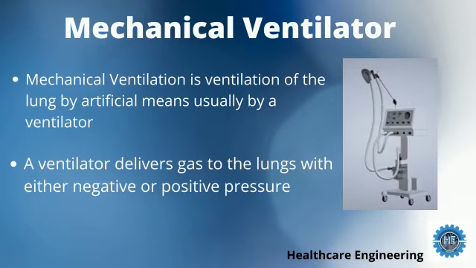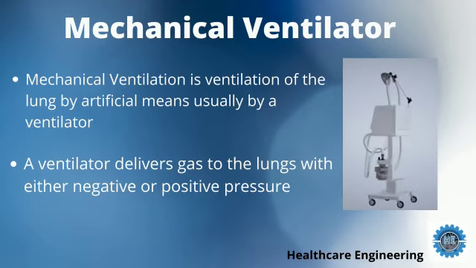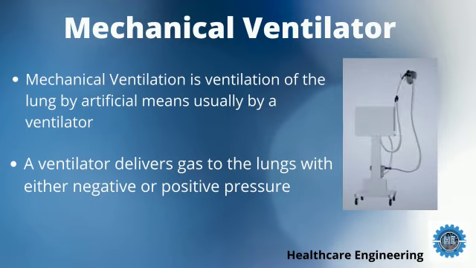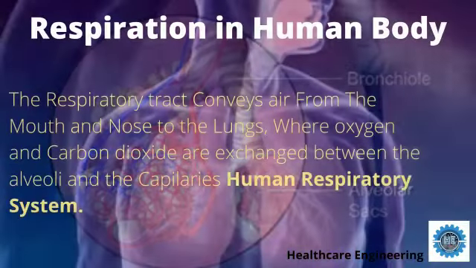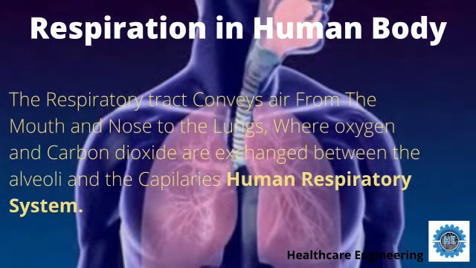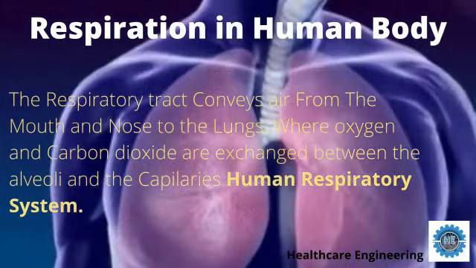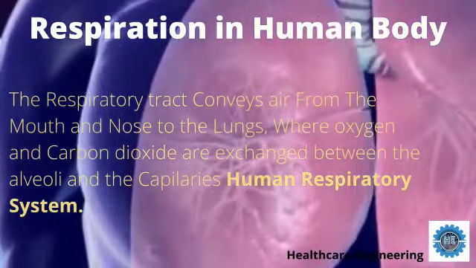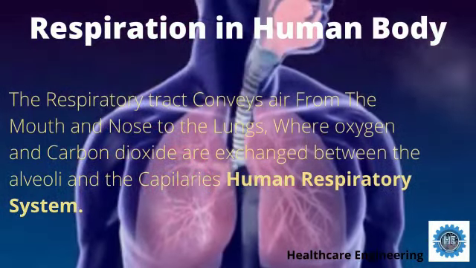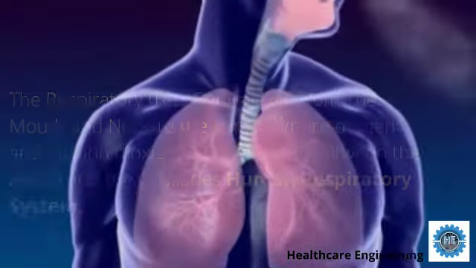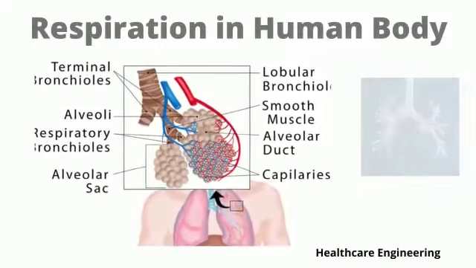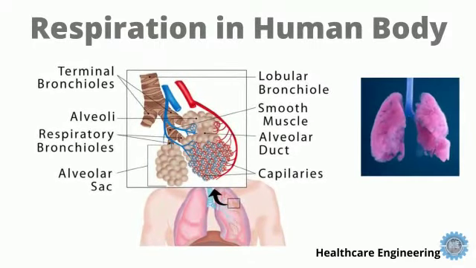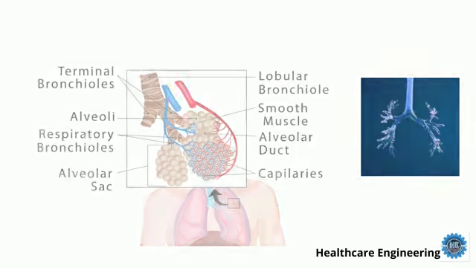Now, let's learn about the respiratory system of the human body. The respiratory tract conveys air from the mouth and nose to the lungs, where oxygen and carbon dioxide are exchanged between the alveoli and the capillaries. The human respiratory system takes up oxygen and expels carbon dioxide.